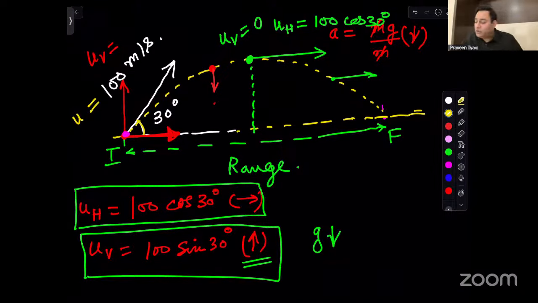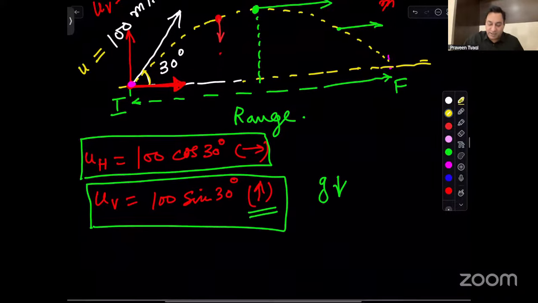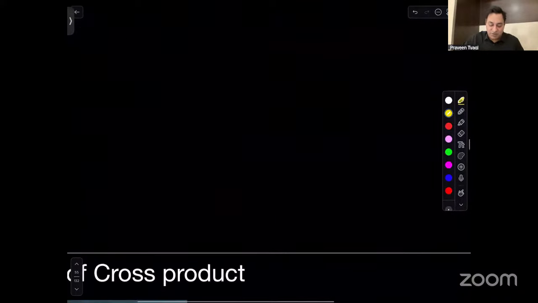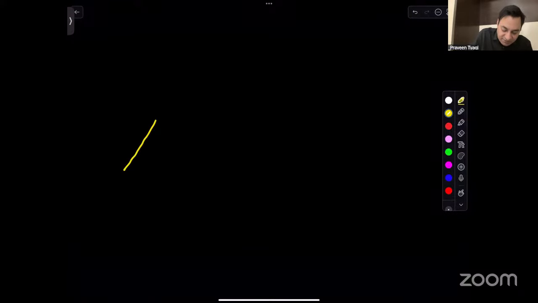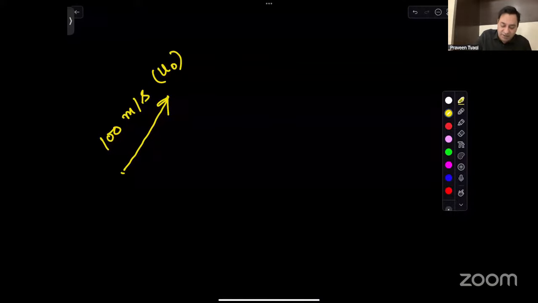Now, okay, I will now show you. If you do any question now on projectile, it will be very easily done. Suppose I tell you, find the total time of flight. Now I'm drawing a neat diagram so that everyone is on the same page, understanding it clearly. Now, please pay attention. If there is a projectile which is thrown like this, with u as the initial speed, and we throw it at an angle theta with the horizon.